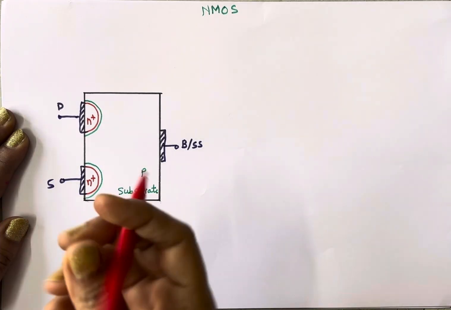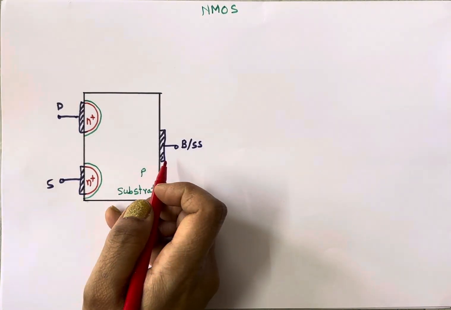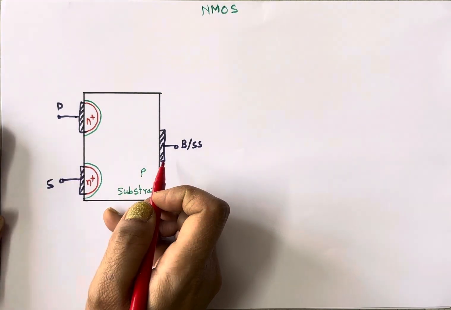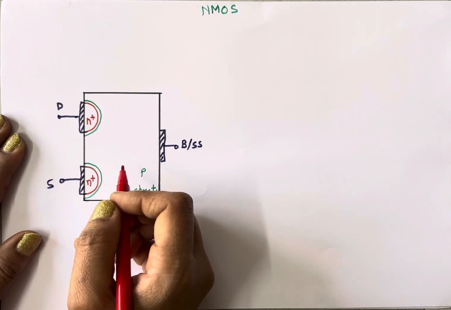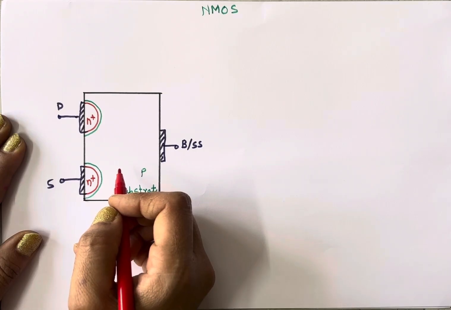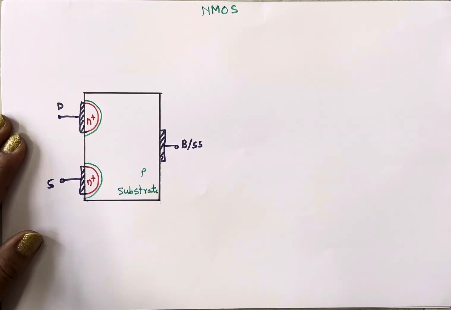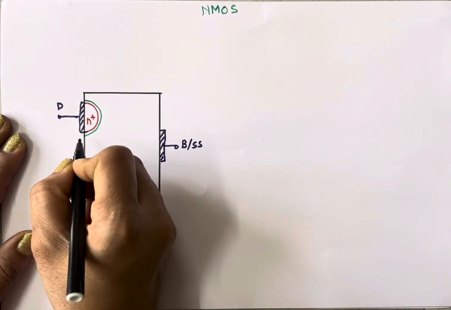In case of gate terminal, it is not directly connected to the body terminal. It is isolated, and for isolation we use silicon dioxide, or sometimes it is called as gate oxide. This layer is very thin layer.